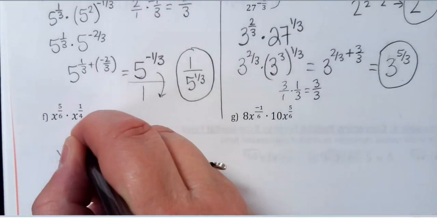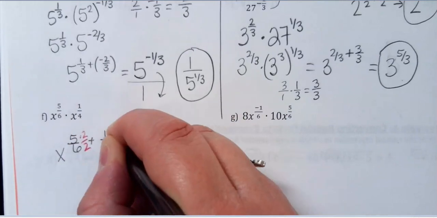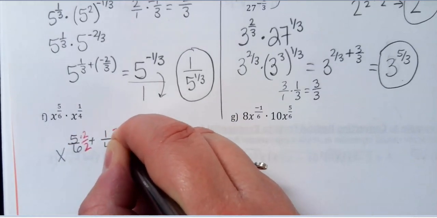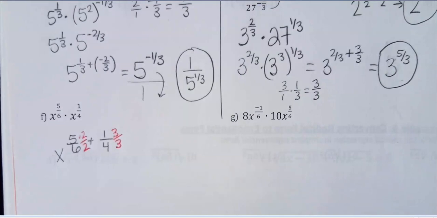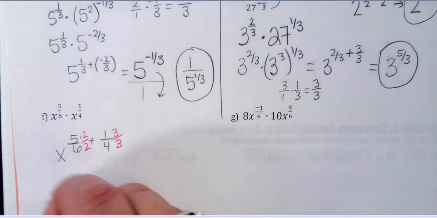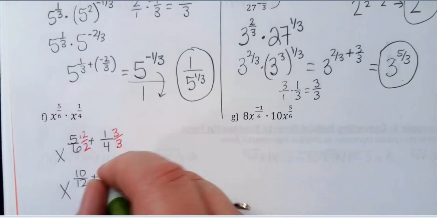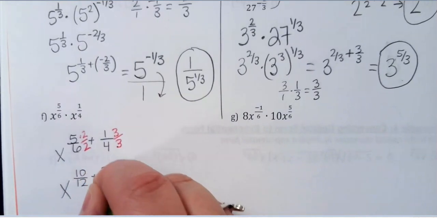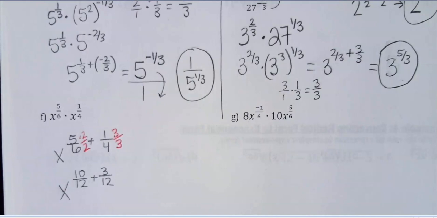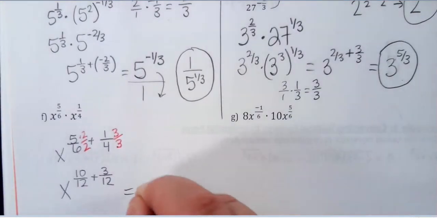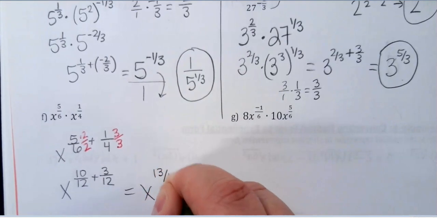So I'm going to do top and bottom here by 2, top and bottom here by 3. We're trying to create like denominators here. So 5 over 6 is the same as 10 over 12. 1 over 4 is the same as 3 over 12. And then once you have like denominators, we can just add across the top. And this would be x to the 13 over 12.